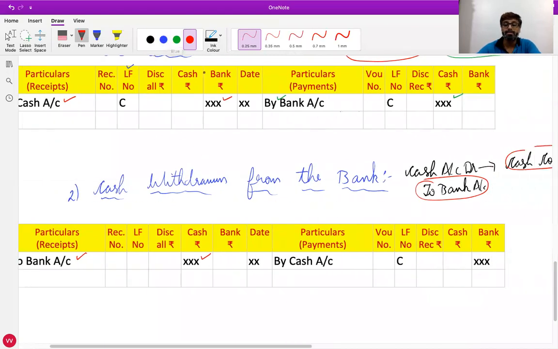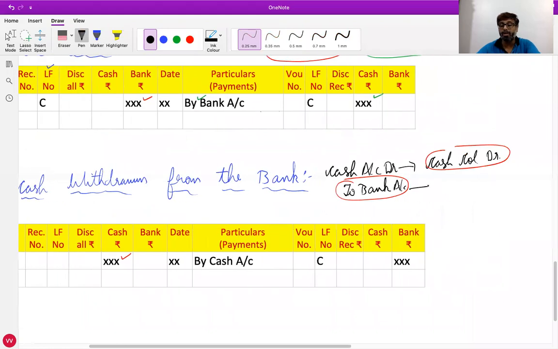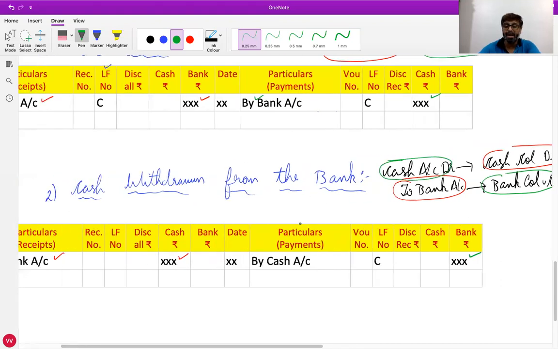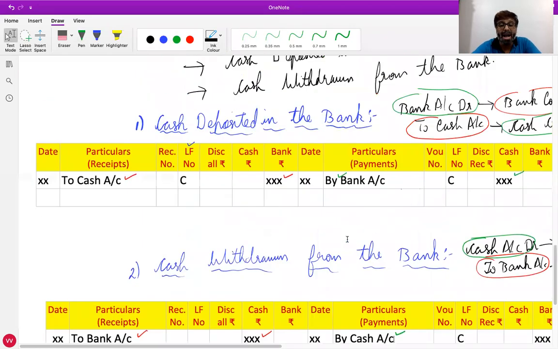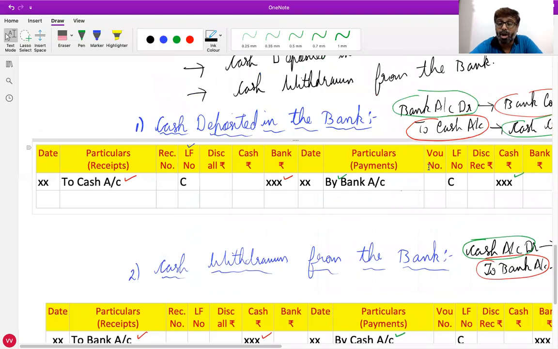And to bank account means in the bank column we will write on the credit side. In the bank column we will write on the credit side, the name of the opposite account, by cash account. Shortcut: bank account debit, so write the amount in the bank column on the debit side and then follow the rule, opposite, opposite, opposite. Same way, cash account debit means in the cash column write on the debit side and then follow the rule.